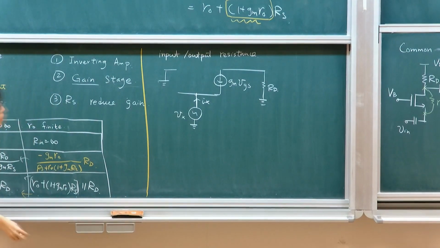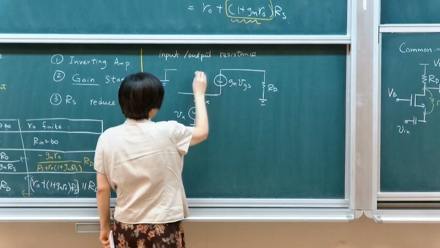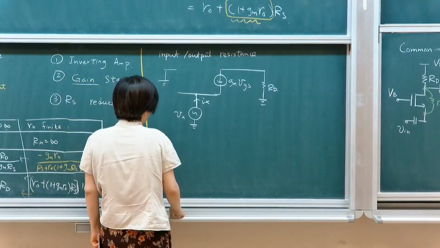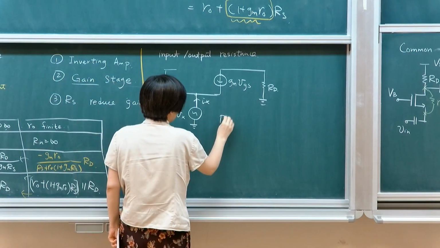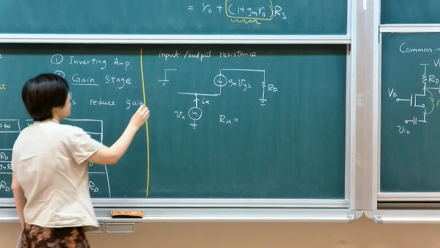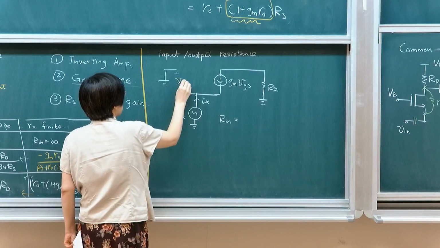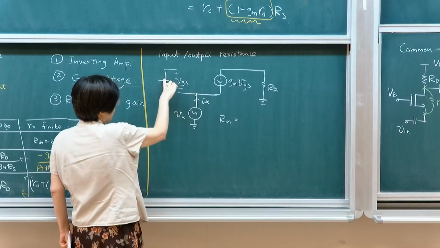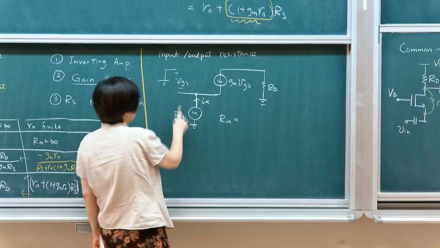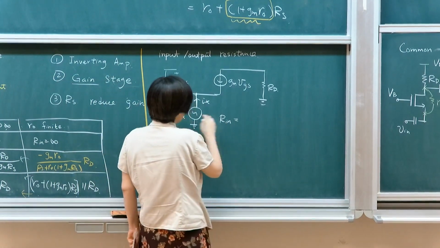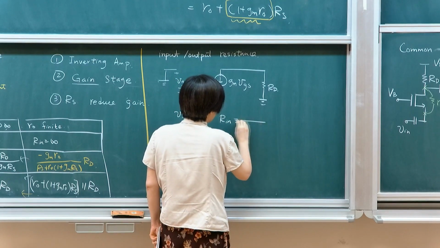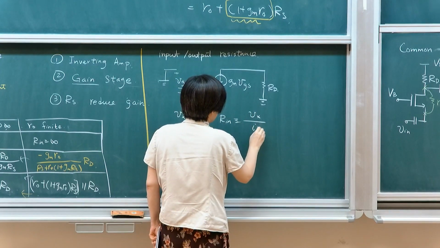So this is looking at input resistance Rin, which will then be Vx over Ix. Since the gate is grounded, VGS is minus Vx.